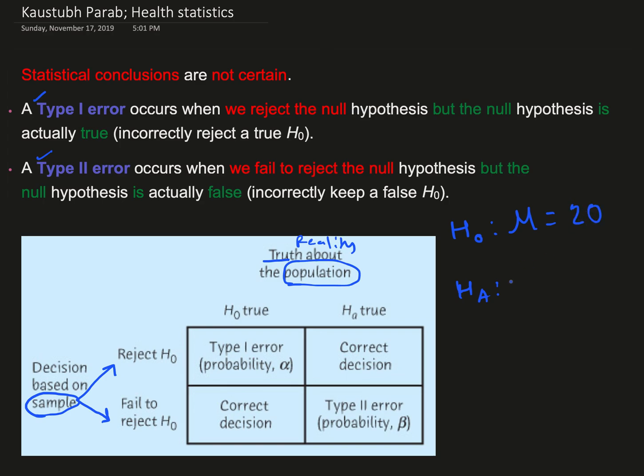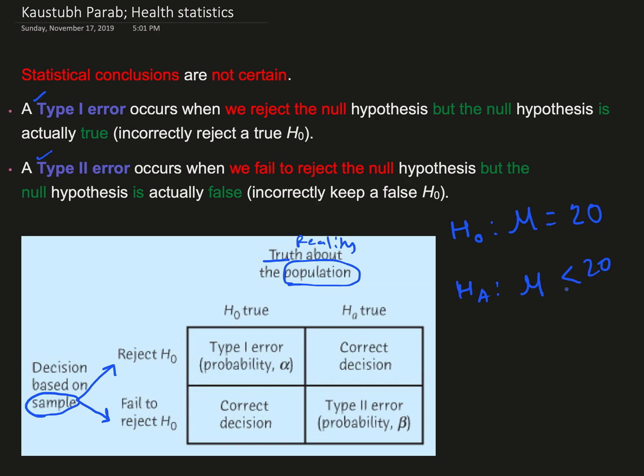Then someone might say, based on my sample or my judgment, or some findings from a small pilot sample, that actually the mean should be something less than 20. That could be your one-sided alternative here.